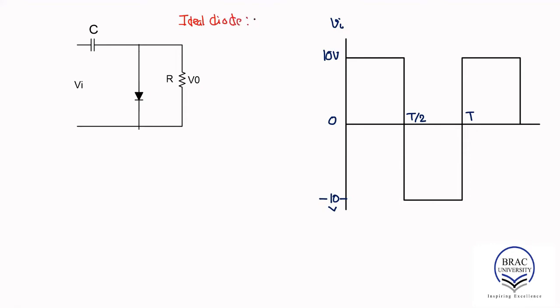So that means voltage across the diode is 0, short circuit when it is forward biased. We're going to take the output wave shape V0 from across the resistor, which itself is parallel to the diode.